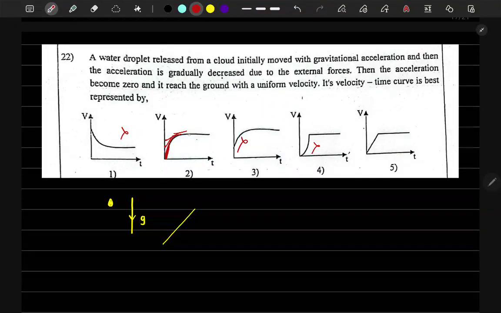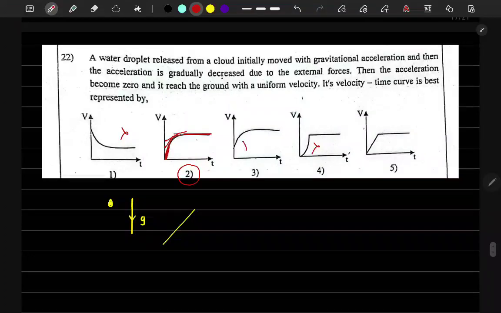So it's correct because the gradient here is 0. So this would be the answer. Even 3 is somewhat similar, but the thing is it's not starting from this. The initial velocity is not 0 in the third answer. They have said that the water droplet is released. If it is released, then the initial velocity should be 0.